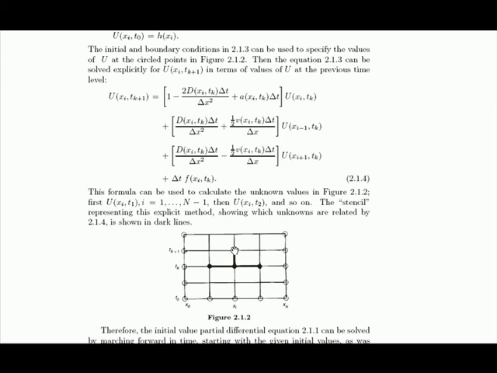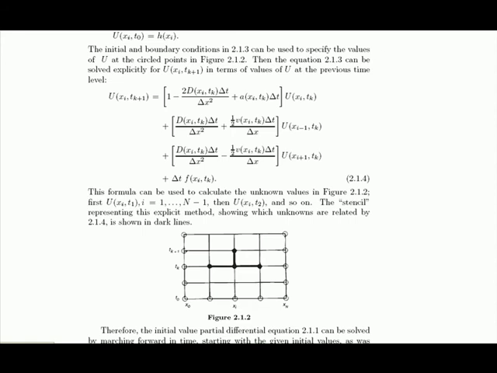U of x_i, t_(k+1) is given in terms of u of x_(i-1), t_k, u of x_i, t_k, u of x_(i+1), t_k. It's explicit because we can solve for this. So we can solve for this in terms of these three, this in terms of these three, that in terms of these three, and so forth, keep going step by step. It's very easy to program.